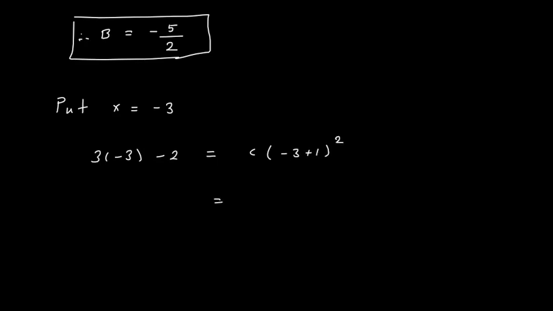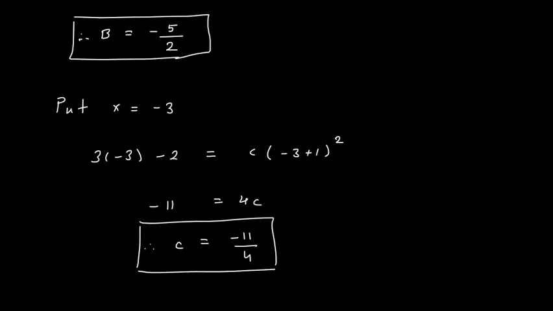So here it is minus 9, minus 2, minus 11, and here it is minus 2, the whole square is 4, so it is 4c. So therefore the value of c is minus 11 divided by 4. This is the value of c.